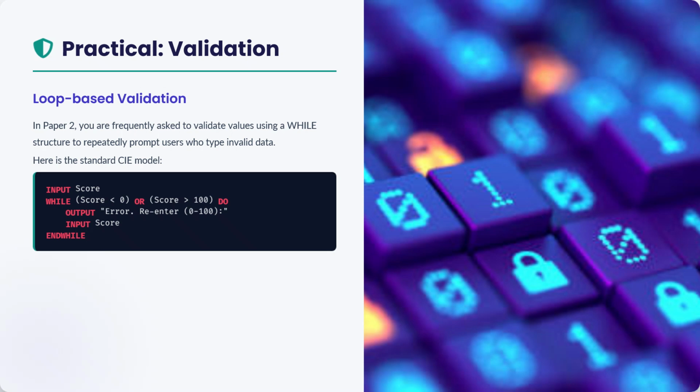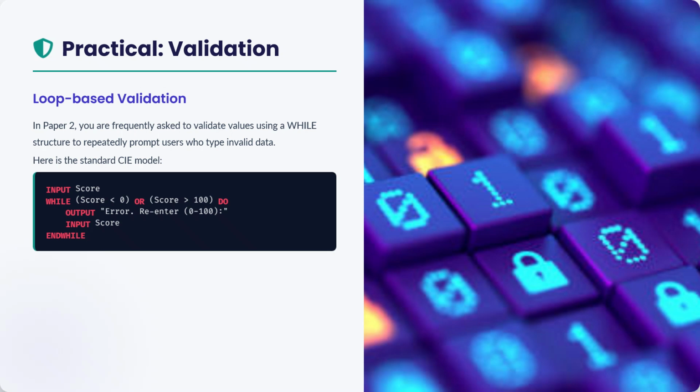First, you will have to take the input score and then use the while statement. Because if the score is lesser than 0, it will then move to the while loop, check if the score is lesser than 0 or the score is greater than 100. It is going to check both of these conditions.